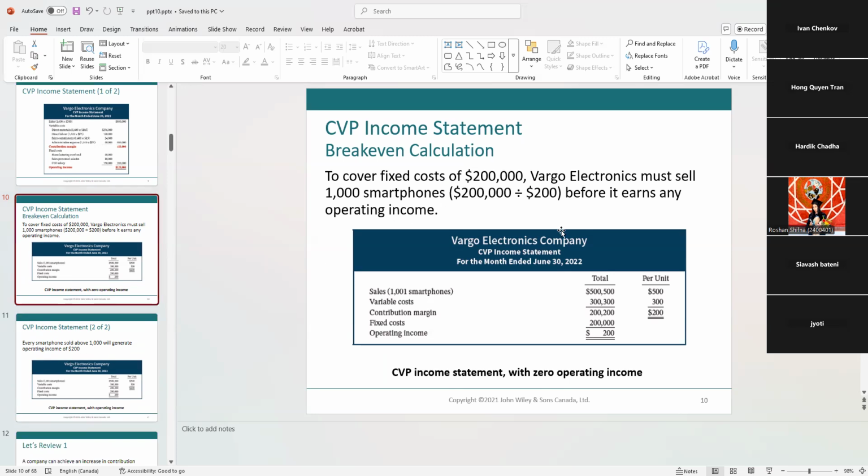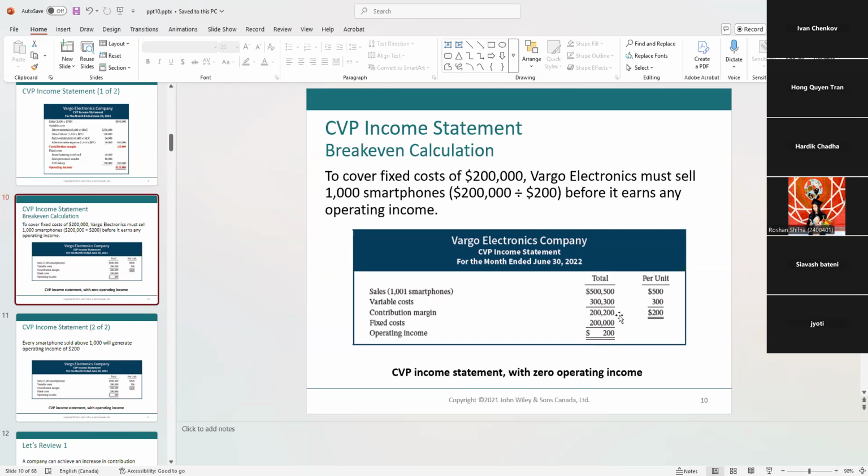If they're selling 1,000 smartphones, their sales will be $500,000, variable cost $300,000, and contribution margin $200,000. They'll break even. If they sell one additional unit, however, the contribution margin from that additional unit, since we've covered the fixed cost, flows directly to operating income.